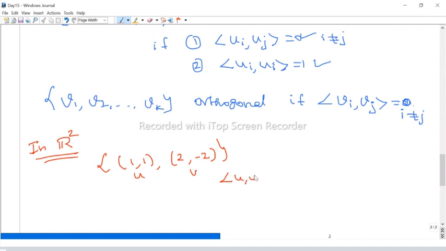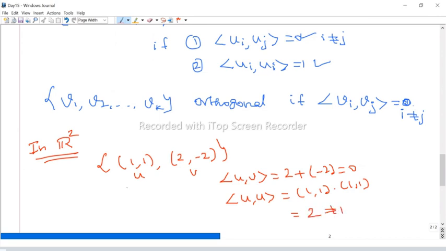The inner product of u and v is obtained by multiplying term by term and summing: 1 times 2 is 2, plus 1 times minus 2 is minus 2. The sum is 0, so the inner product is 0 and the set is orthogonal. But it is not orthonormal. Why? Because if you take u with u, it's (1, 1) dot (1, 1), multiplying term by term and summing, we get 2, which is not equal to 1. Therefore, this set of vectors is orthogonal but not orthonormal.